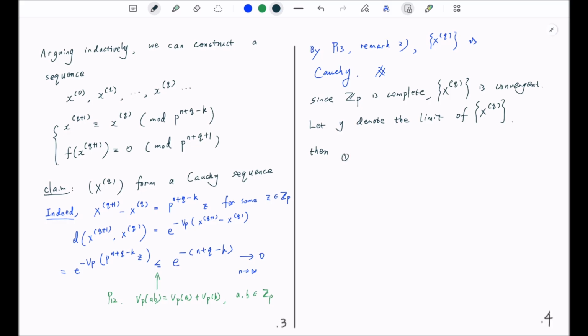First, we have f of y is equal to 0, meaning y is a true solution to our polynomial equation. And second, this y is congruent to x modulo p to the power n minus k. The proof for the case when m is equal to 1, the single variable case, will be completed once we verify these two conclusions.